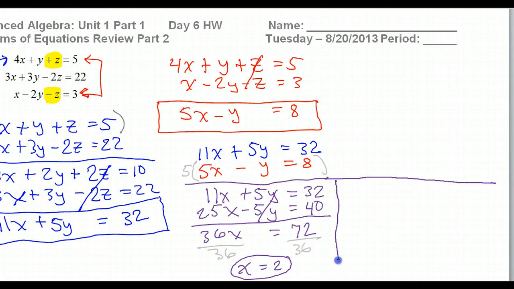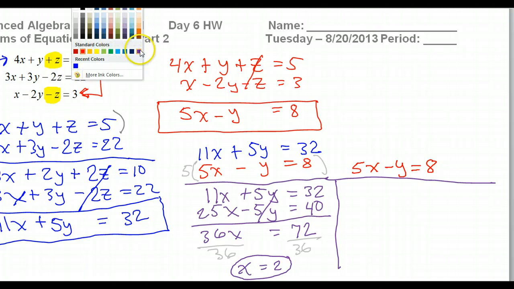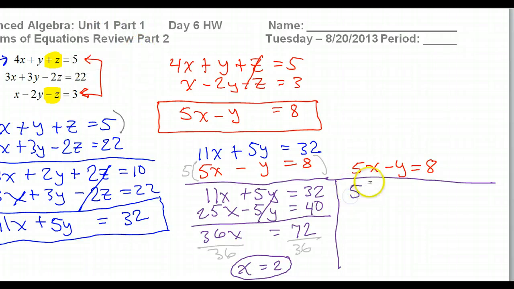It just looks simpler to me. So the red equation here, I'm just going to recopy it. The red equation is 5x minus y equals 8. If I substitute this x in there, then that's going to give me 5 times 2 minus y equals 8.